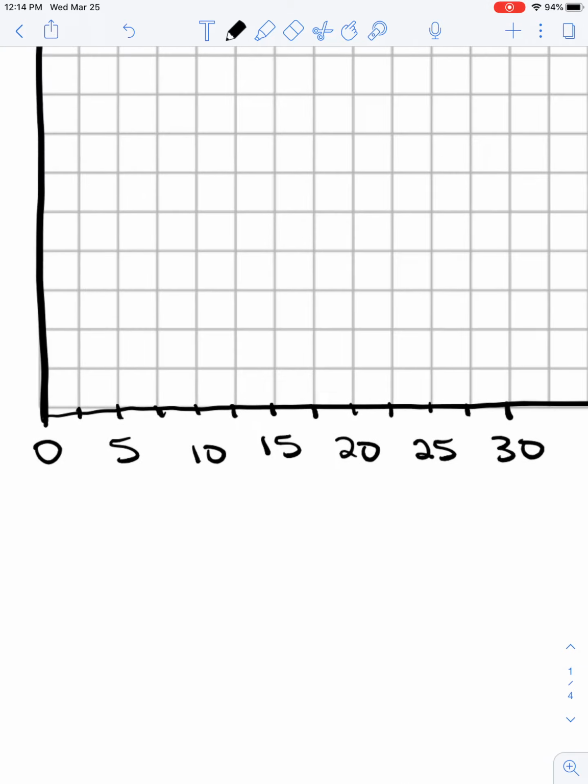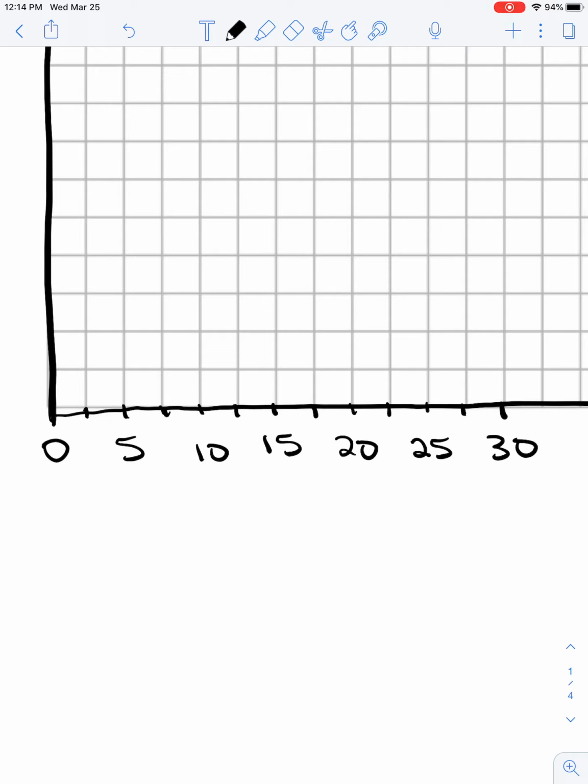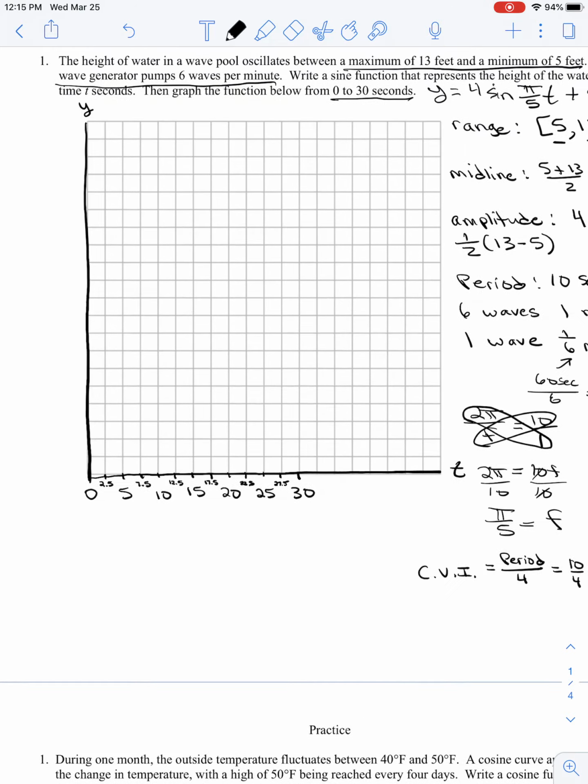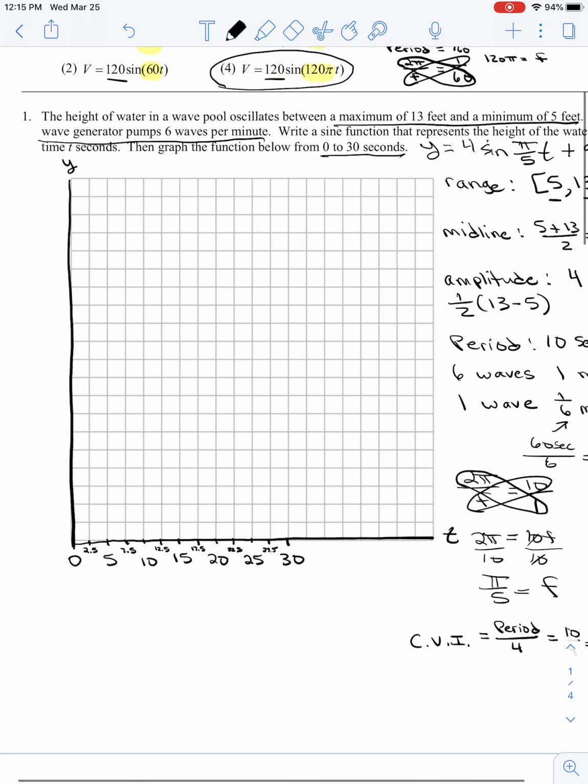So if you wanted to, there, I can make it a little bit bigger. You could have said that this was 2.5, and this was a 7.5, 12.5, 17.5, 22.5, 27.5, and then 30.